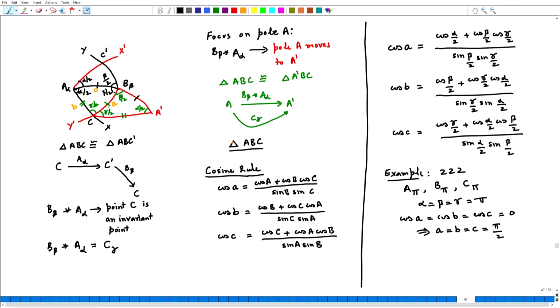This is exactly the same result we got from matrix multiplication, that when I have 3 two-fold axes meeting, they must meet at 90 degrees to each other.